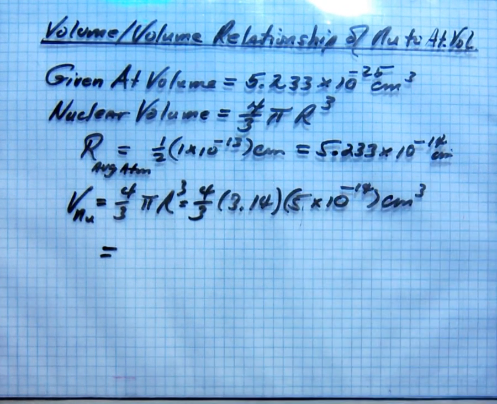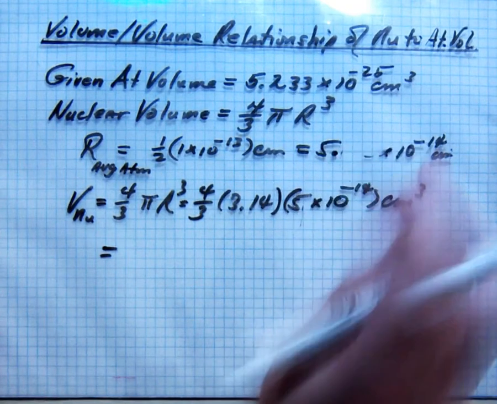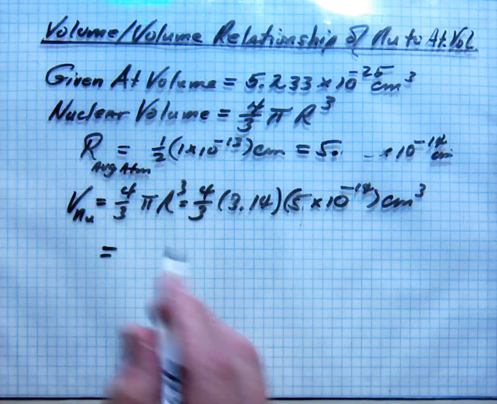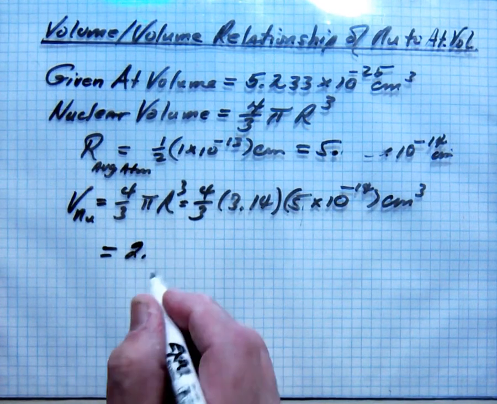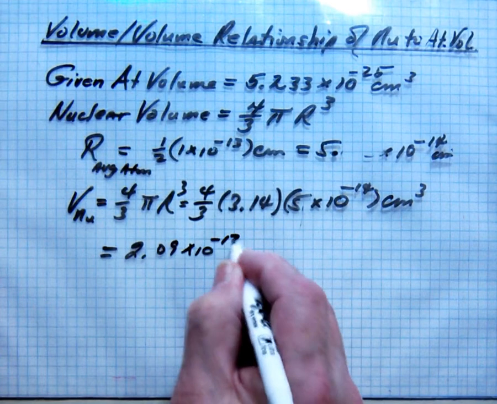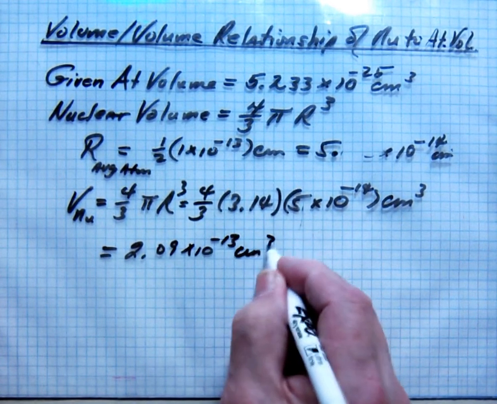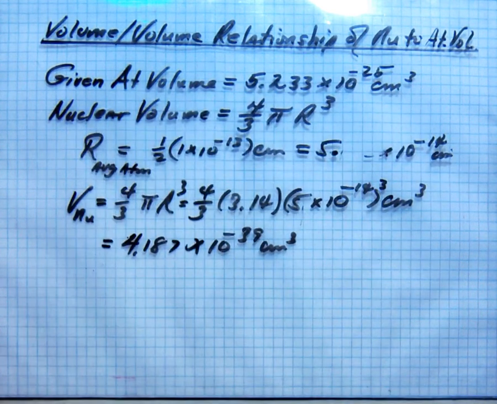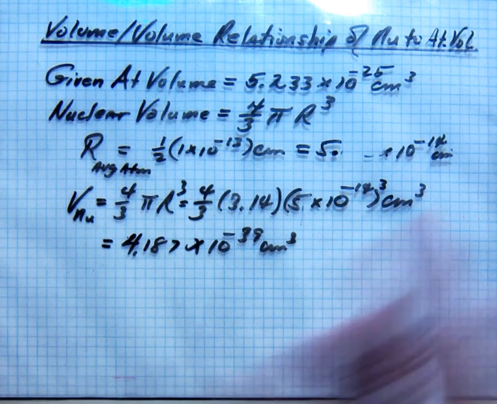So 3.14 times 5 times 10 to the minus 14, times 4, divided by 3, equals 2.09 times 10 to the minus 13 cubic centimeters. Let me double check that.